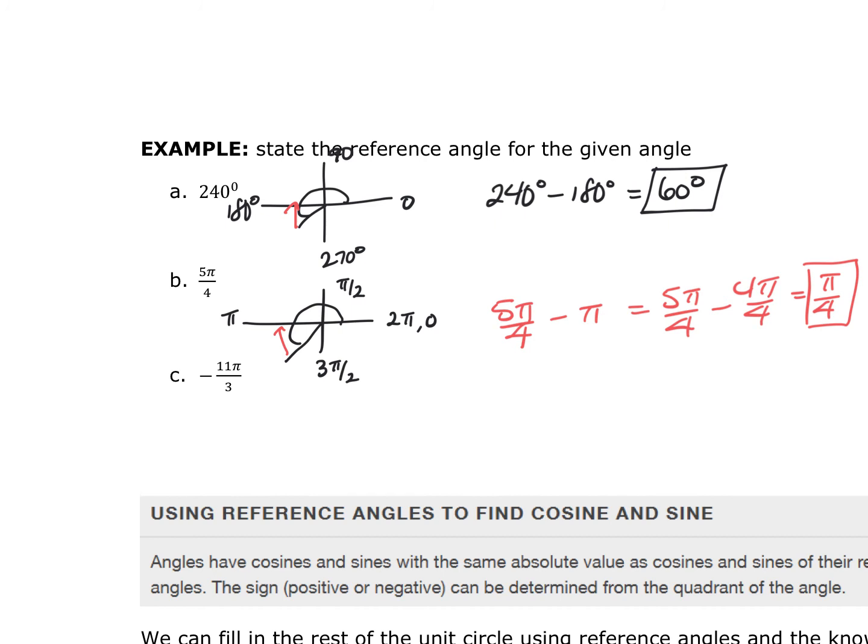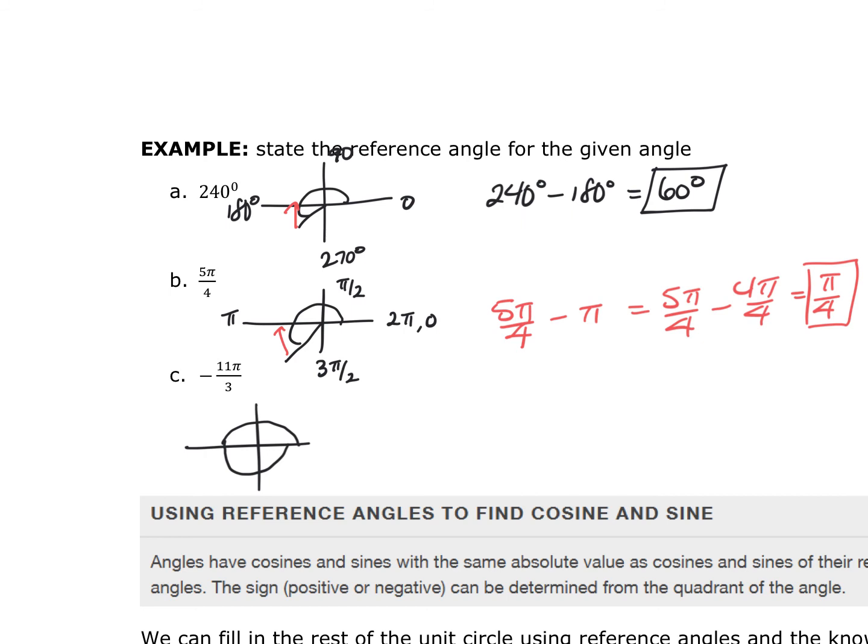Negative 11 pi over 3. Negative means I'm going in this direction. One full rotation is going to be 6 pi over 3. So for 11 pi over 3, I'm going to have to find a coterminal angle first, because I've done more than one rotation.